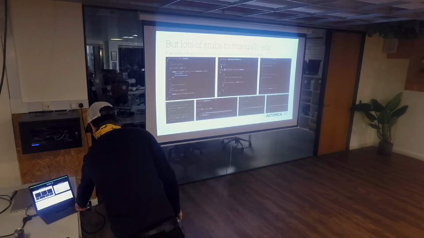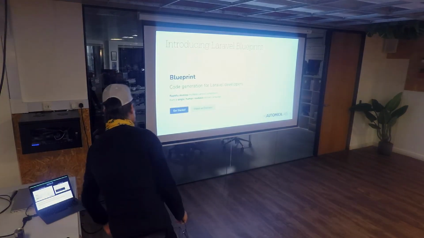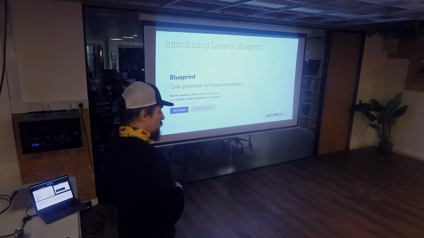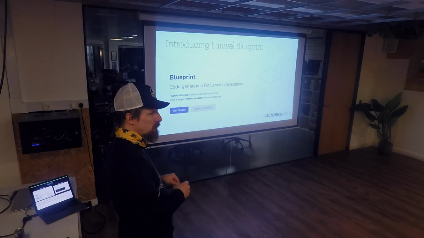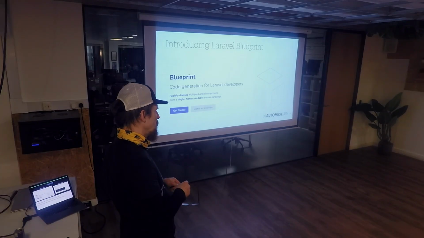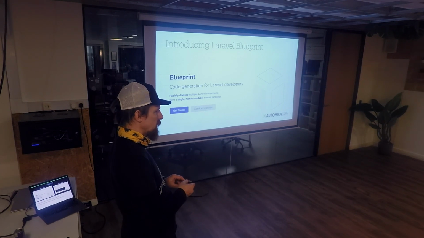So what I've been using and came across a while back is Laravel Blueprint. Laravel Blueprint is written by the same guys that run Laravel Shift. And for those familiar with Shift, Shift is a service that you can use to analyze and upgrade Laravel applications.